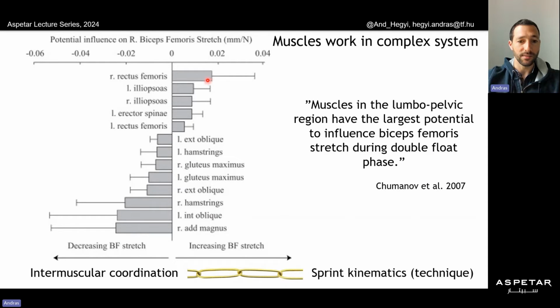Here we can see different muscles on this figure. If you have more activation in the muscles on the left, then you can decrease the length of the biceps femoris. If it's on the right side, then you actually increase the length of the biceps femoris. So it seems that the coordination between these muscles is very important to examine.